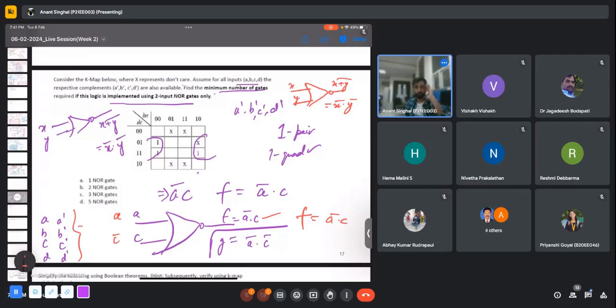What will be the answer? Sir, option C is the answer. Why option C is the answer? Can you please explain why you are saying that three NOR gates are required to get the same?